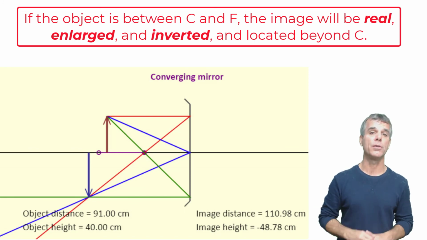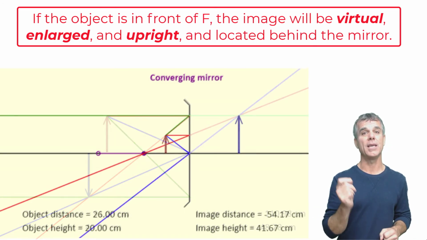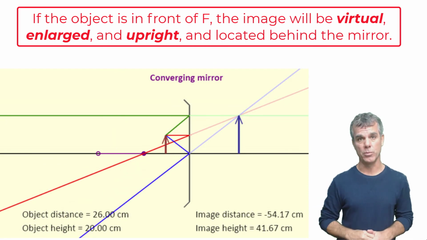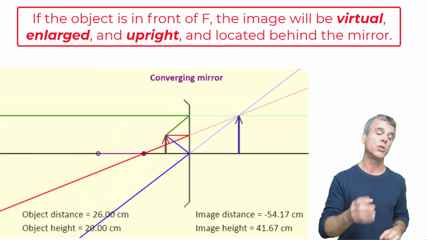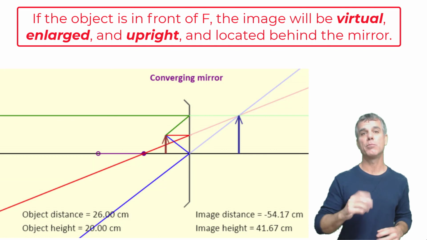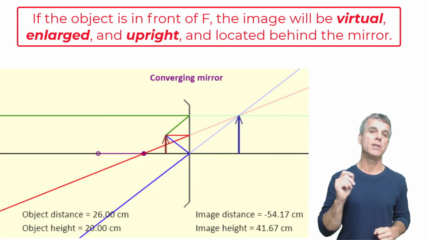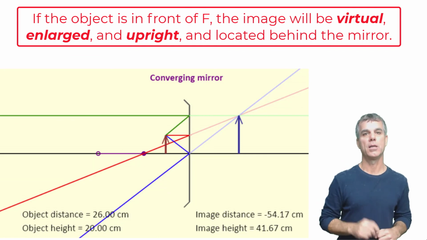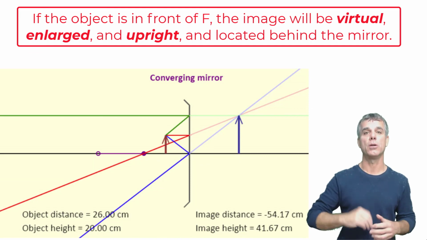It's going to be taller than the object. And then finally, if the object is in front of the focal point, we're going to get a virtual image, which is going to be upright relative to the object, and it's going to be enlarged. The virtual image will be taller than the object.